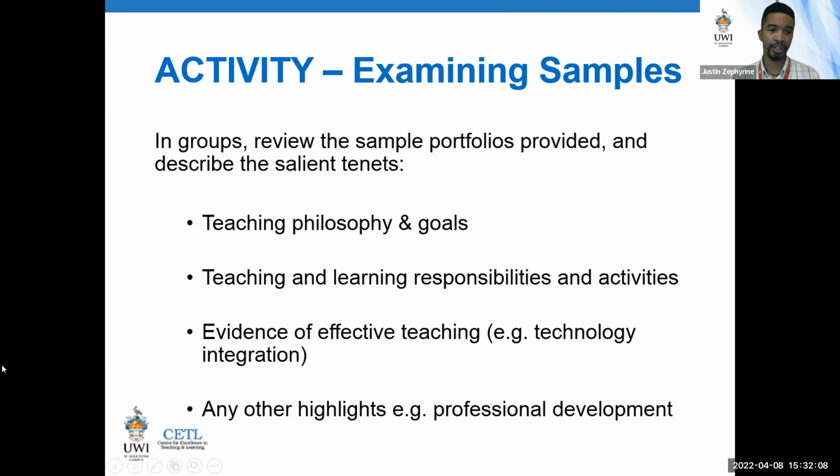And I'm just going to put the links to the sample portfolios here. All right. And each group is going to take one. So Javed, I think we have 1, 2, 3, 4, 5. So if you have 5 groups, and I can't remember how many persons we have in attendance right now. 30.